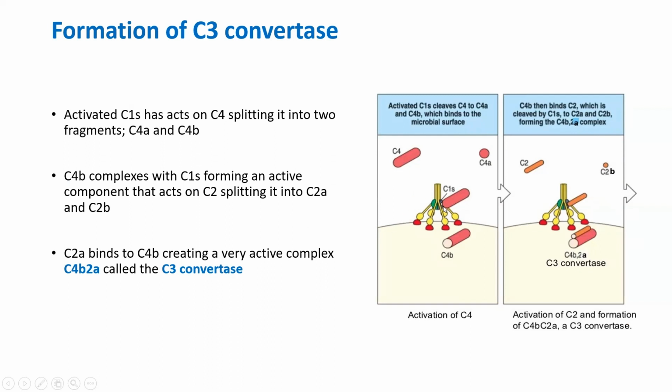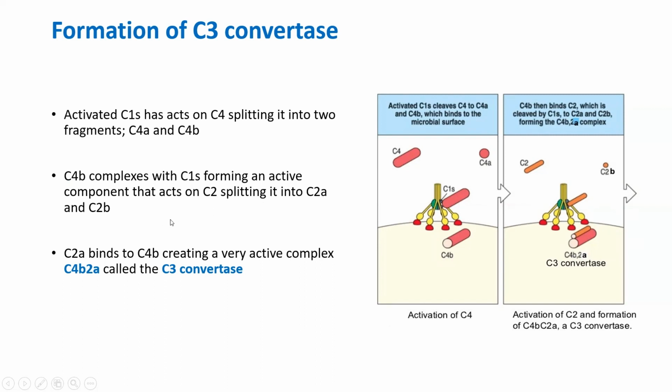As you can see here, we have C4b, which is bigger, and C4a, which is smaller, so C4b will drop on the surface of the cell. Then the C4b complexes with, or basically reacts with, the C1s to also cleave C2, and it splits C2 into C2a and C2b.